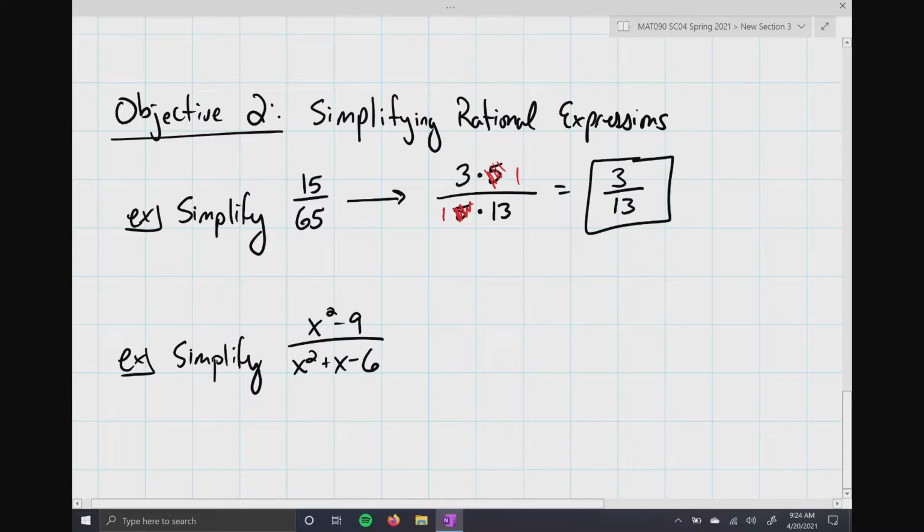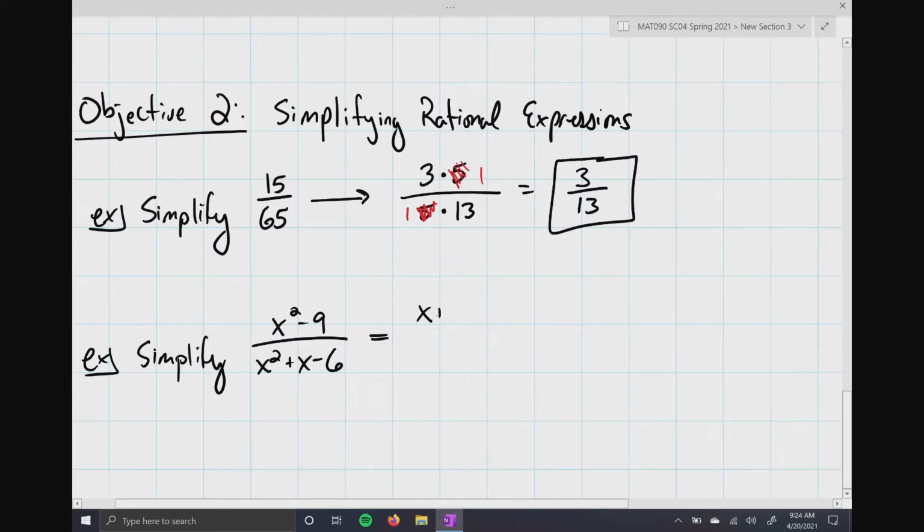Now, in the previous problem, the 15 over 65, I factored. So in this problem, I'm going to do the same thing because that's really the only thing I know how to do. So I'm going to factor. In the numerator, that's difference of squares. You're going to see that a lot. In the denominator, that's a trinomial, no GCF, with 1 as my leading coefficient.